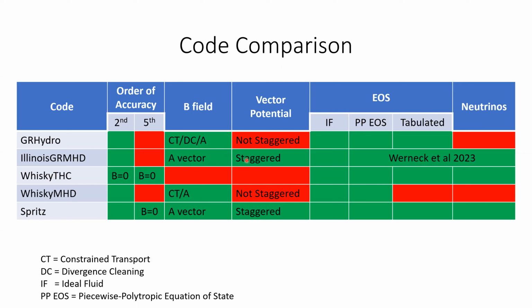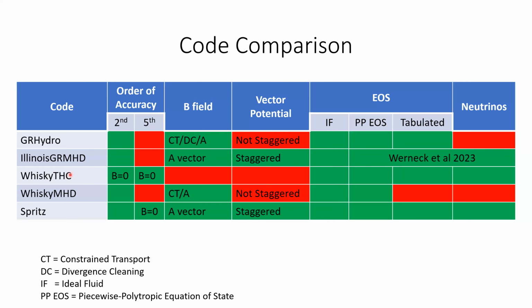As I said, I will say more about this later. When we started working on Spritz, IllinoisGRMHD only supported the ideal fluid equation of state. Only recently, thanks to the work of Leo Werneck and collaborators, the code also includes now the piecewise polytropic equation of state, tabulated equation of state, and neutrinos. But when we started working with Spritz, this part was missing.